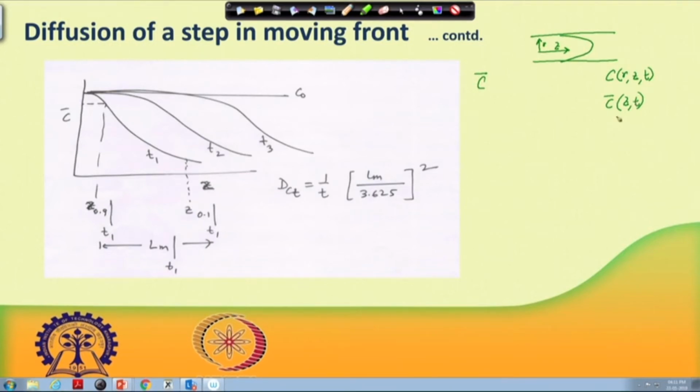Now, we said that if we give a step change in concentration, then we have this C bar written as C0 by 2 into 1 minus error function of z minus u bar t divided by square root of 4 Dt. What was that exact expression we had? Let me see quickly.